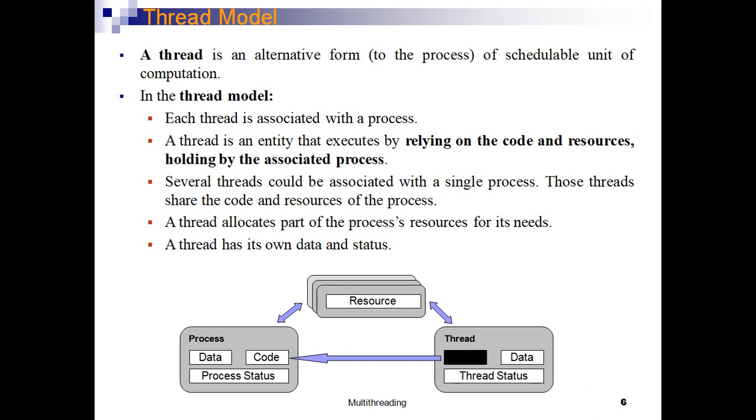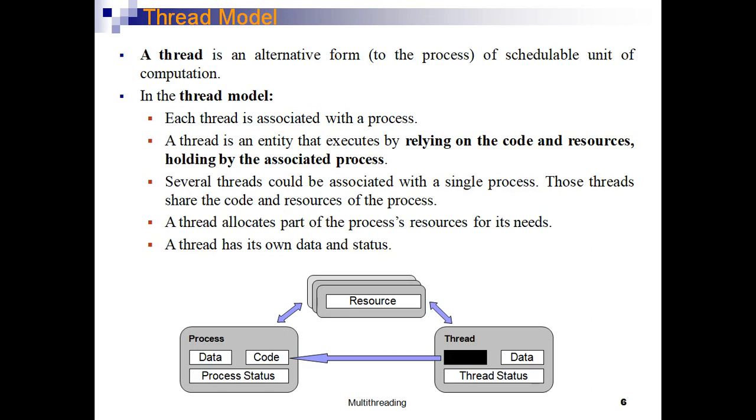I hope by this example you might have understood that a thread is a small program, like an electrical assistant is a small one who will work under the control of the electrician. Like that, a thread is a small program that executes under the process memory. A process may consist of one or more threads.